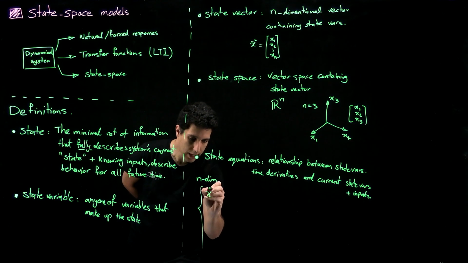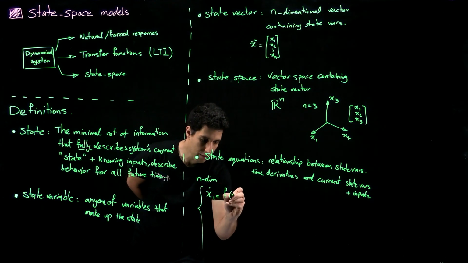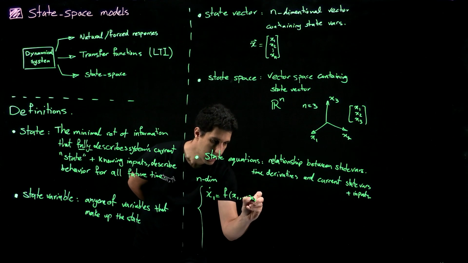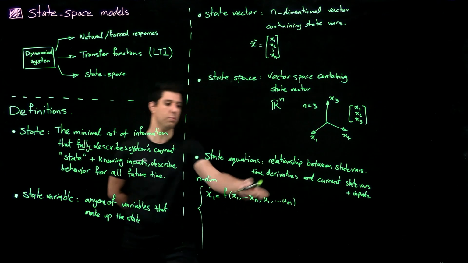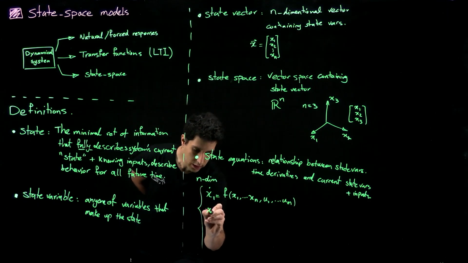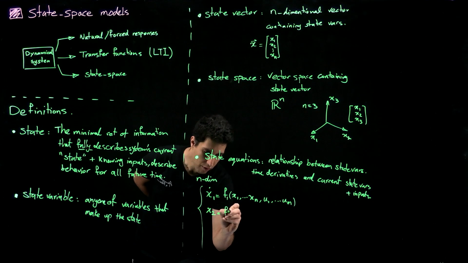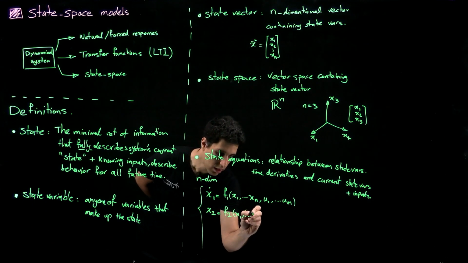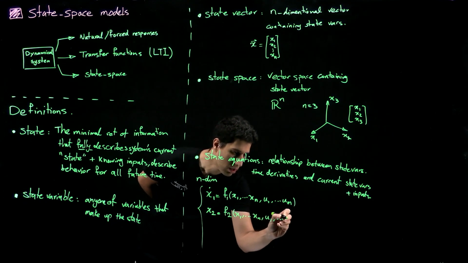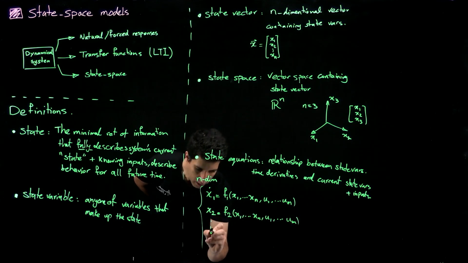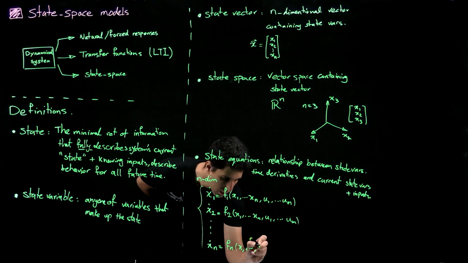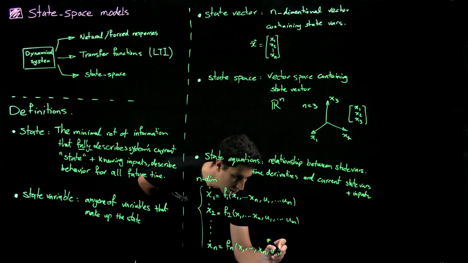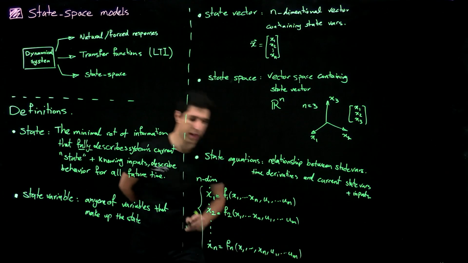I have x1 dot equals some function f1 of x1 to xn and u1 to um, however many inputs I have, and so on. x2 dot equals some f2 of x1 to xn, u1 to um, and all the way to xn dot equals some fn of x1 to xn, u1 to um.